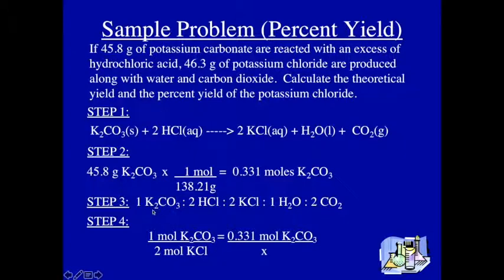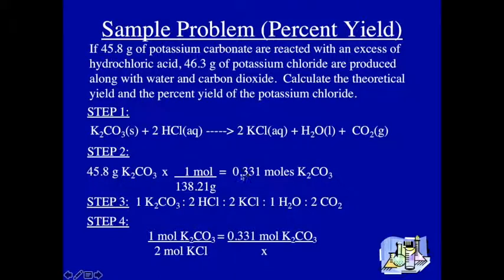So as we look at our balanced equation, I have 2 potassiums, 1 carbon, 3 oxygens from the carbonate, and 2 hydrogens, 2 chlorides. We're all completely balanced.